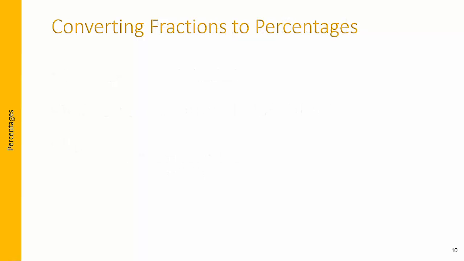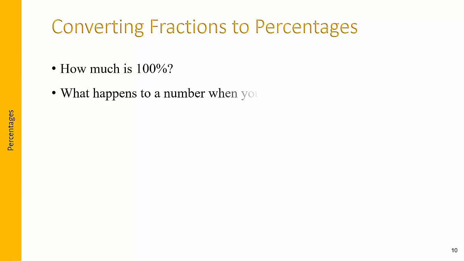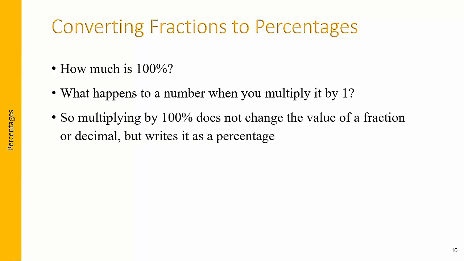Let's now convert fractions to percentages. So 100% is 1. And what happens when you multiply a number by 1? Well, nothing happens to it. It stays the same. So we can multiply by 1 or 100% and not change the value of a number. But it helps us to write it as a percentage.